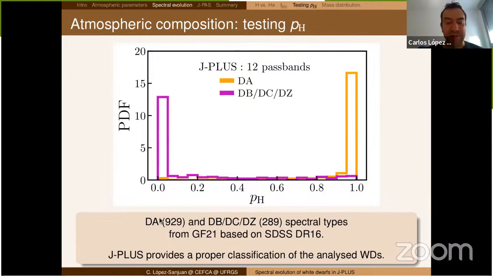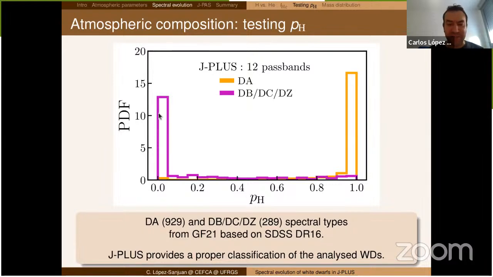So we found like 900 DAs and 300 non-DAs with the spectral classification. And in the figure, you can see the normalized histogram as a function of the probability of being hydrogen dominated. So for DA, you have a very nice peak at 1, which is what you want. And then for non-DAs, you have a very clear peak at 0, again, what you want.